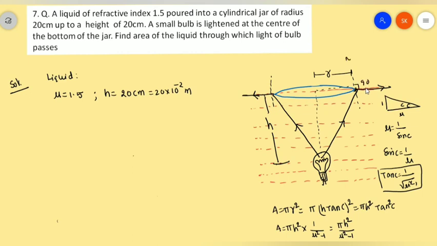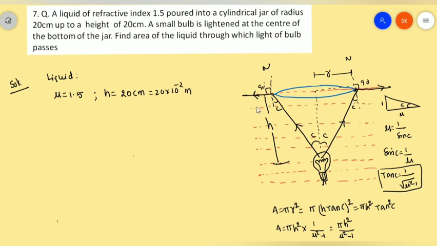This is the normal, and this angle is 90 degrees. When this angle is 90 degrees, automatically the other angle will become the critical angle. The angle of incidence at which the angle of refraction is 90 degrees is called the critical angle. This is the critical angle from the figure. Then this is C, and this is also C.